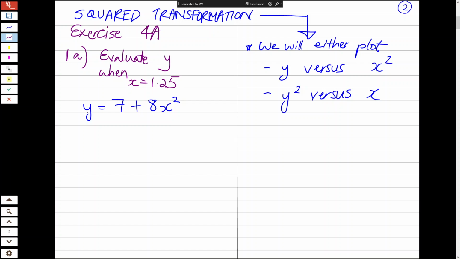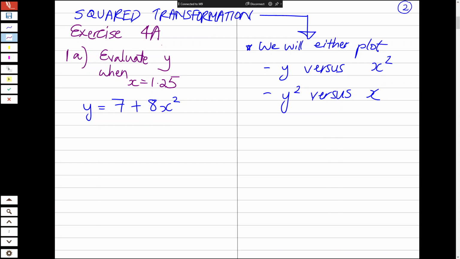The purpose of this question is just to build your basic skills with doing calculations. So if x takes on the value 1.25, y is going to take on a particular value as well. How can I find the value of y? What should I do? It's not a trick question, it's actually quite simple.